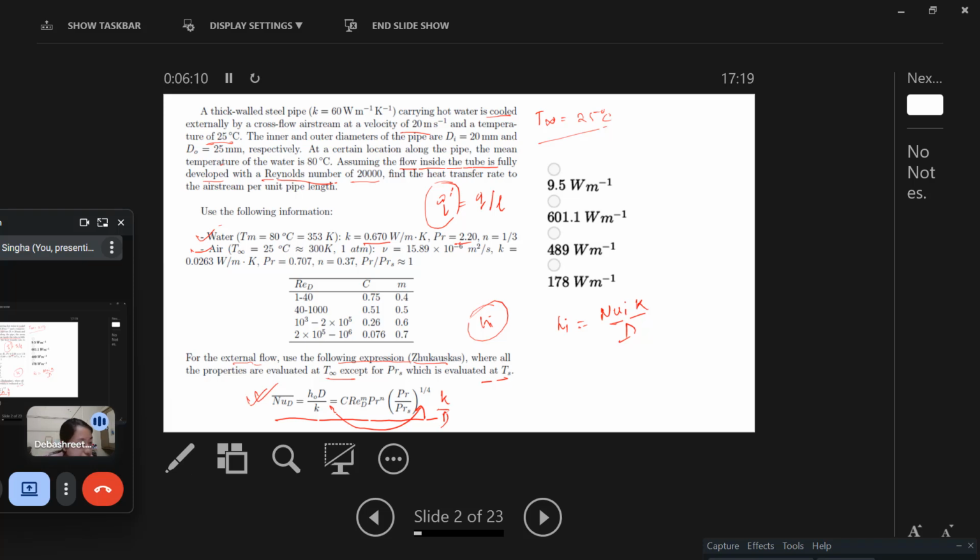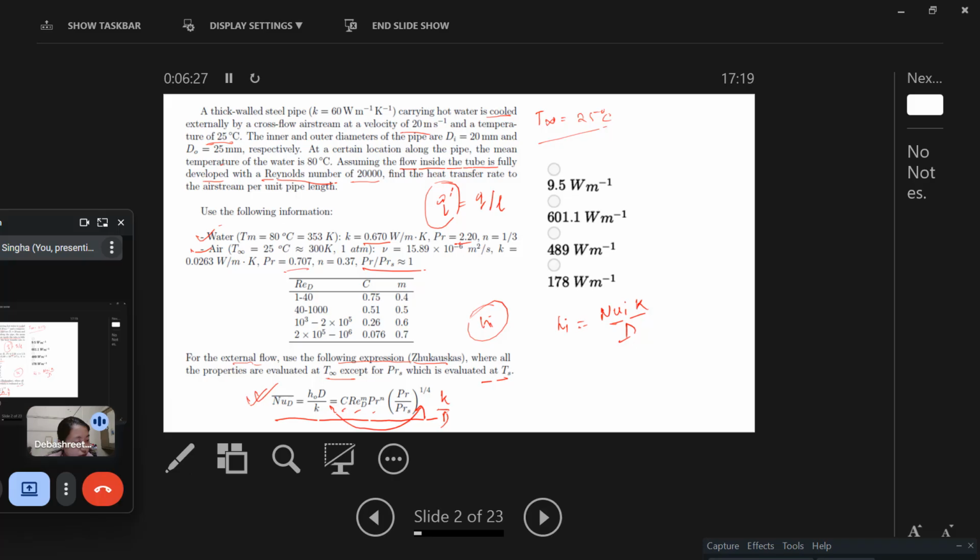Okay, now what is C? What is Re D? What is Pr? Pr is given for air, right? Pr is given as 0.707. Pr by Pr s is also given. It's almost equal to 1.